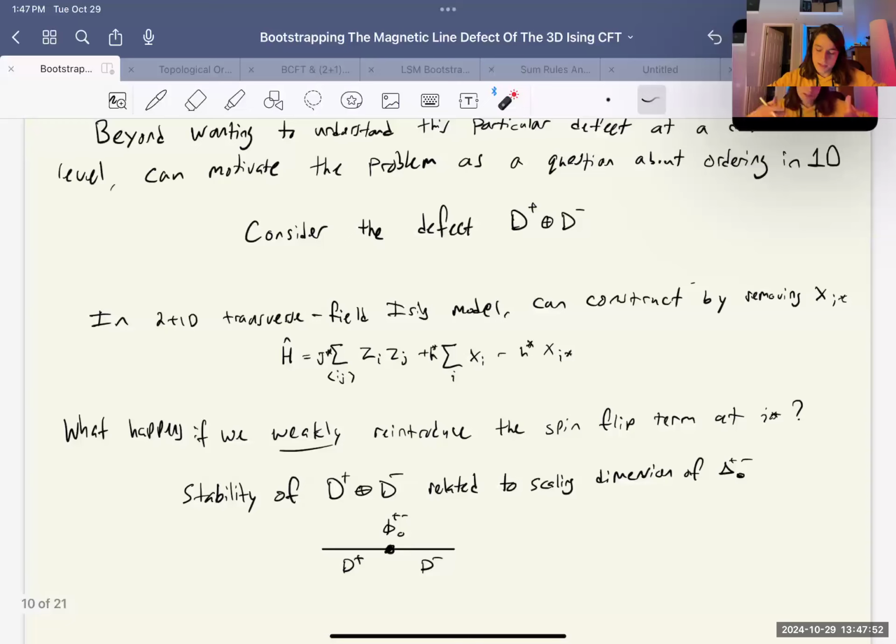But if you're a lattice person, I think there's also a nice picture: say we take the critical transverse field Ising model, and we completely turn off the spin flip coupling at some site by subtracting the Pauli X operator at that site. This will make the Z operator at that site commute with the Hamiltonian and will guarantee a twofold degeneracy.